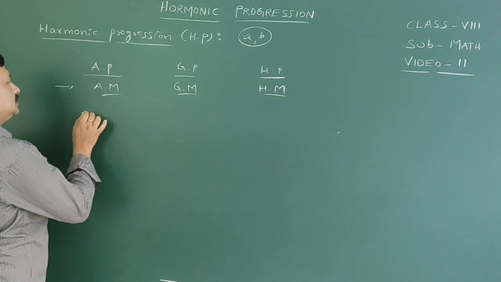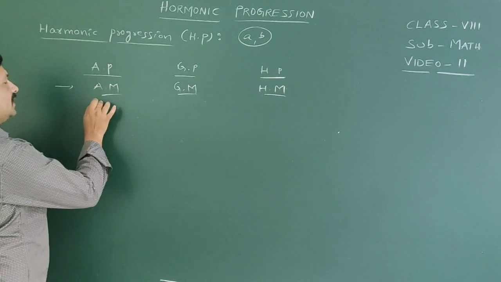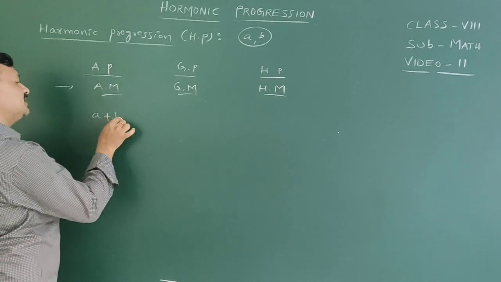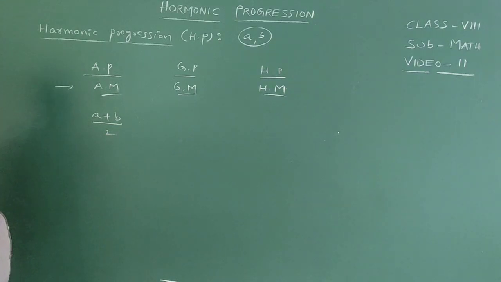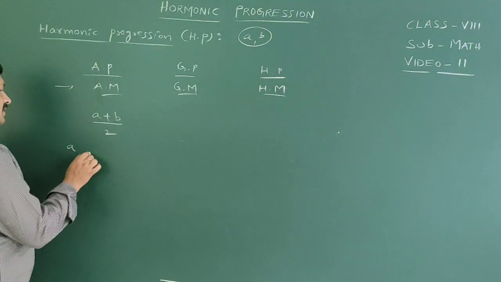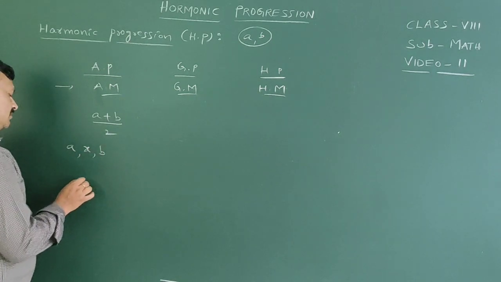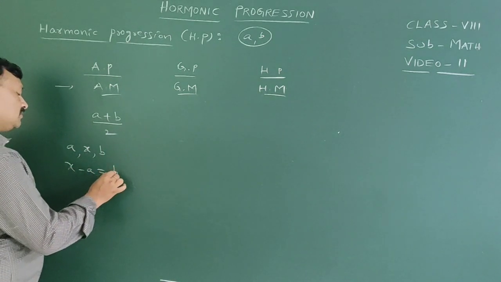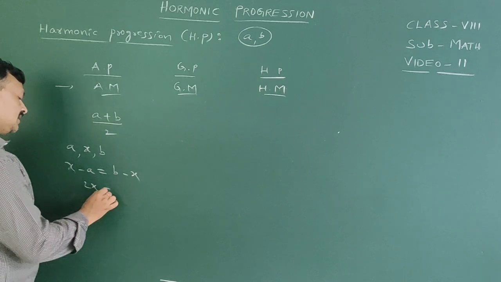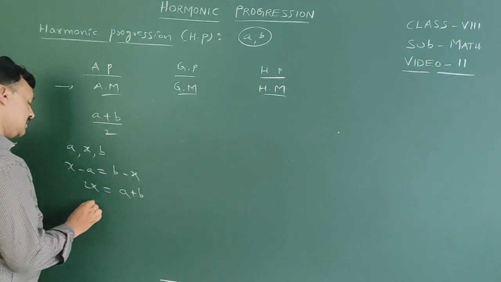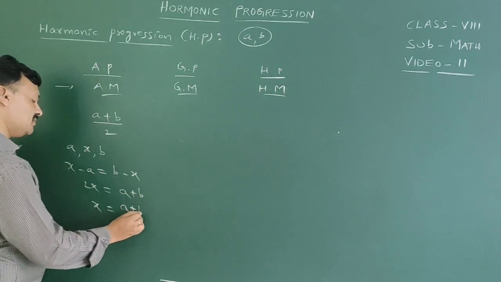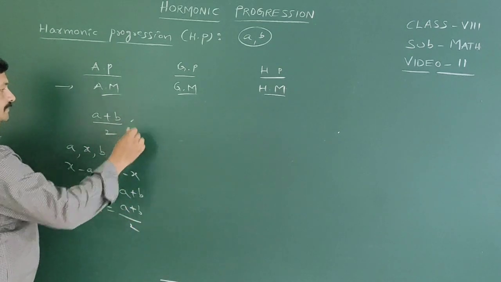Here, the arithmetic mean of A and B is A plus B by 2. Here A, X, B are given. X minus A equals B minus X, 2X equals A plus B, X equals A plus B by 2.